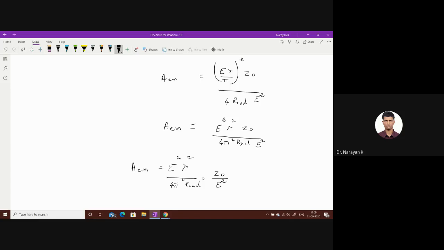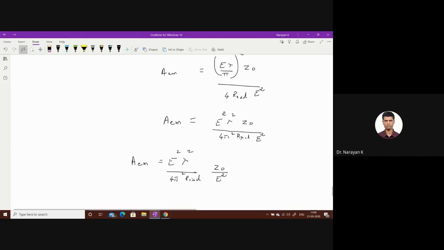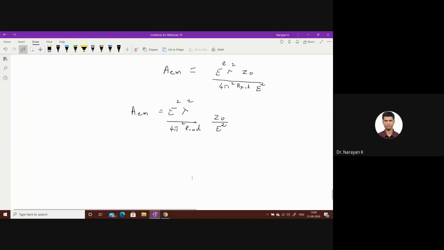Substitute Z naught is equal to 120 pi. Before that, this E square. So you will get maximum effective aperture is equal to Z0 lambda square divided by 4 pi square into radiation resistance.